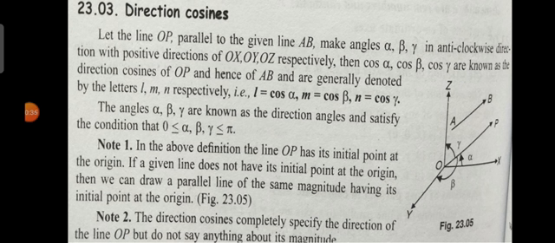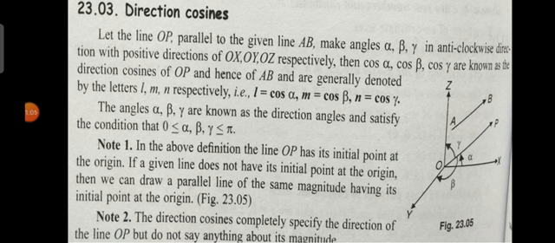A line AB has been drawn, and we have taken OP parallel to AB. That OP makes angles alpha, beta, and gamma, measured in the anti-clockwise direction. We always measure the angle in the anti-clockwise direction around a point.